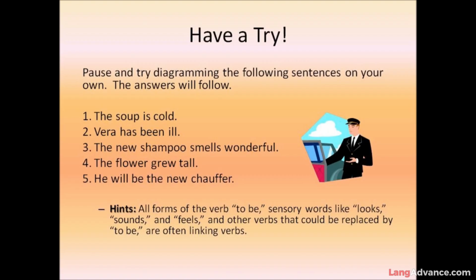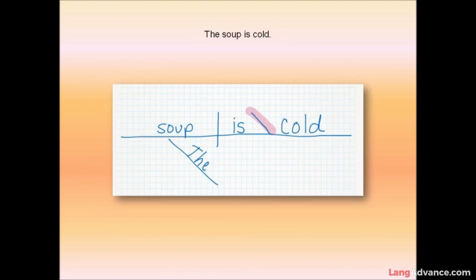Remember that all forms of the verb to be, sensory words like looks, sounds, feels, and other verbs that could be replaced by to be are often linking verbs, and they will either be followed by a noun or an adjective that better describes the subject of the sentence. The soup is cold.